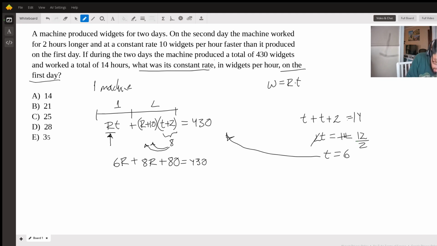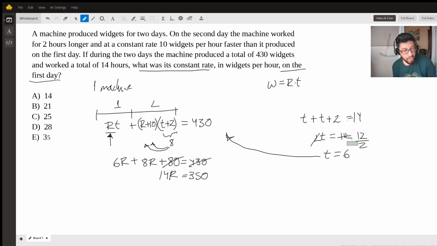Okay, so we do the same thing again, combine like terms, and then we subtract the 80 from the right and the left hand side. So we do that, and we're left with 350. And this 6R and 8R are going to equal 14R.